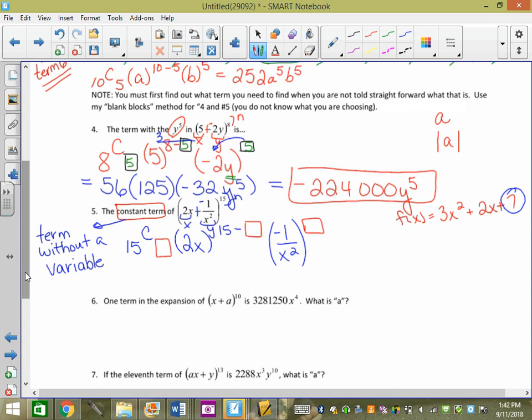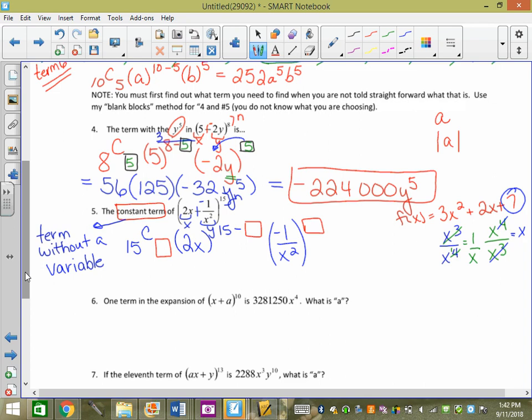So I told you before when we had an x to the 4 over x to the 3, it's just a side note. These canceled, but I was still left with an x on the top. We agree? If I had had x cubed over x to the 4, these would cancel and I'd be left with 1 over x. We agree? So ultimately, I'm trying to get rid of all the x's because I want a term without a variable in it.